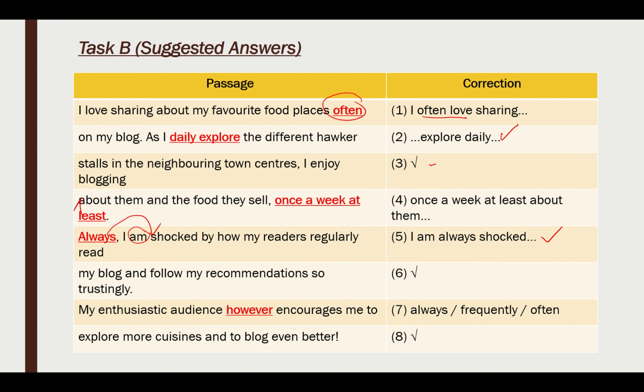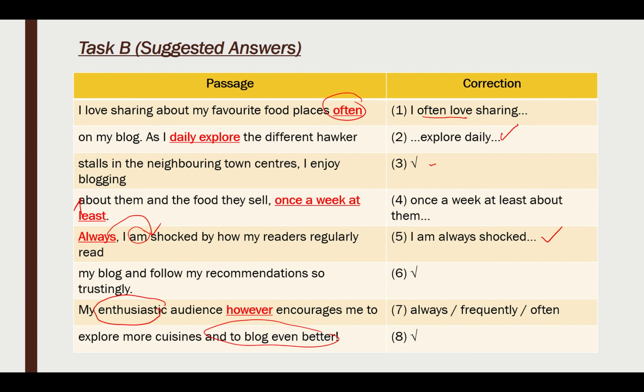For number 7, it is the wrong usage of the word however, because you're talking about an enthusiastic audience, which is supposed to be a positive thing. If you notice the second part, "encourages me to explore more cuisines and blog even better," it's the same idea, positive ideas.